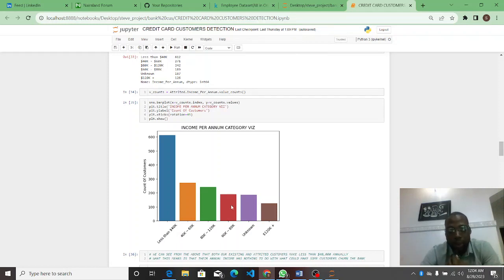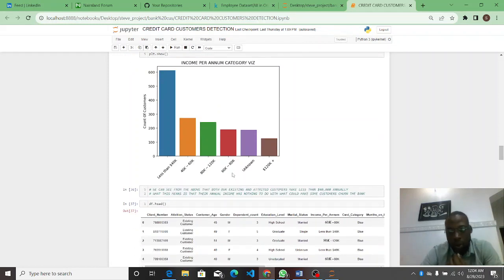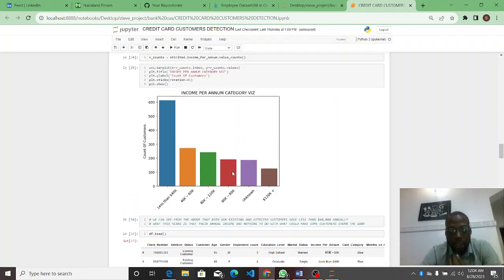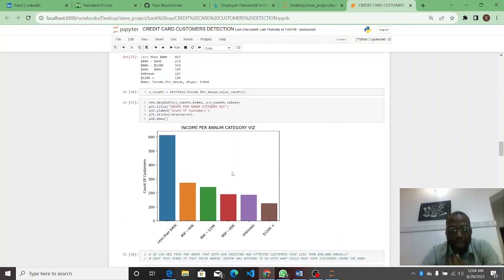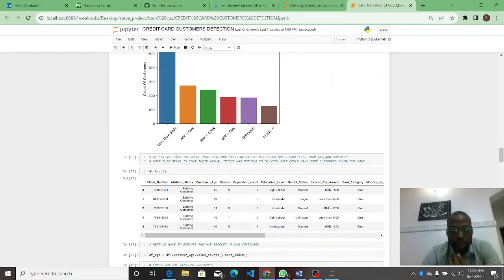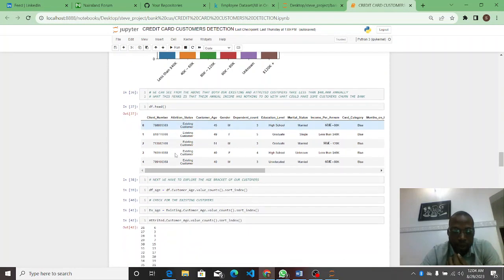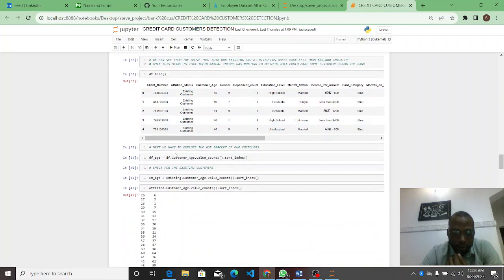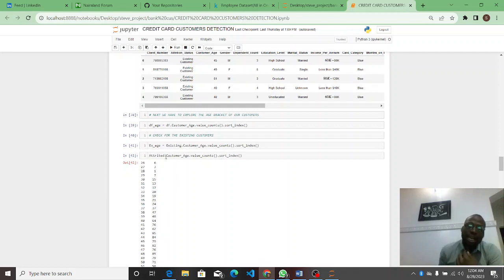So now we are working on the social cost, and the social cost led us to make an analysis to know how much these individuals earn per annum, and we are able to say that most of our customers earn less than 40k per annum. So the next thing to do now is to check the age for these attrited customers.